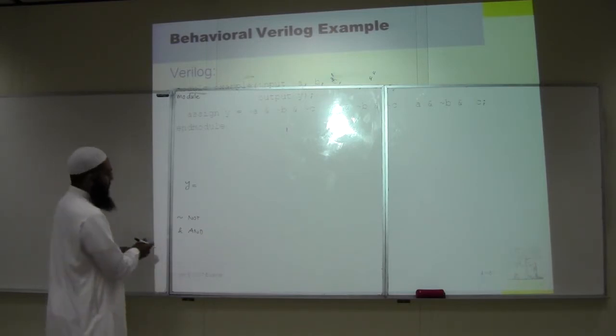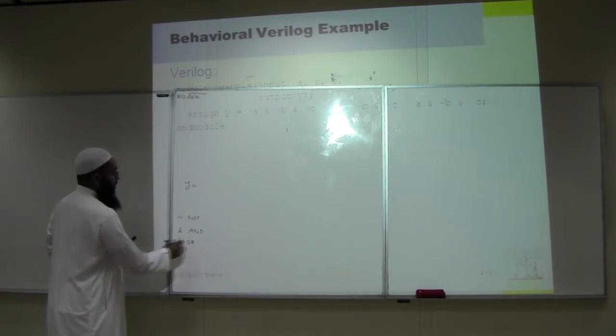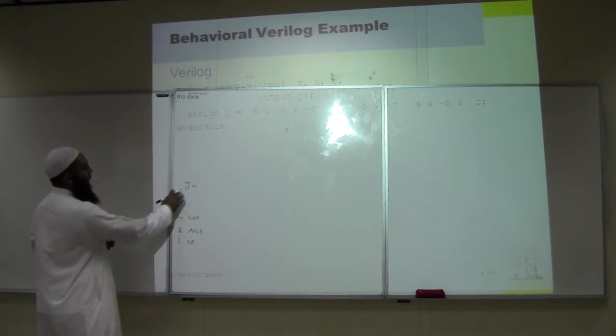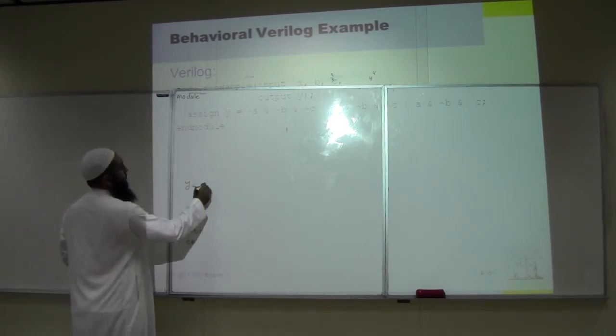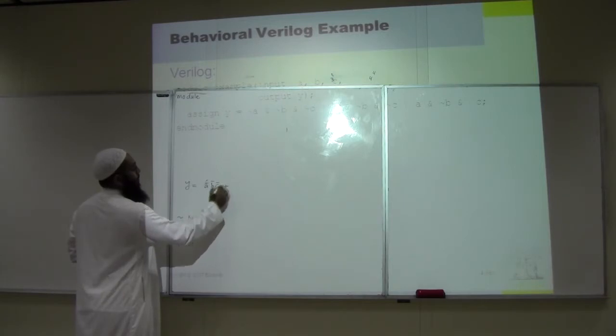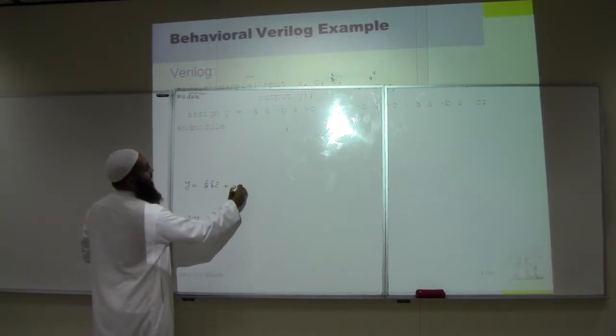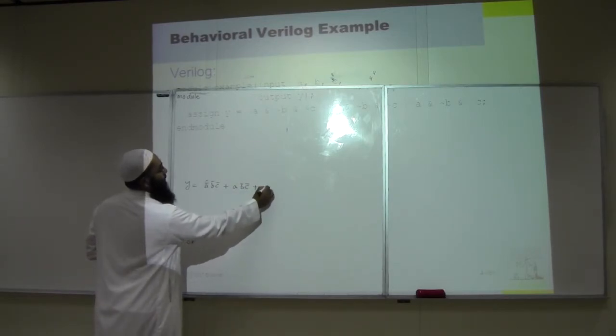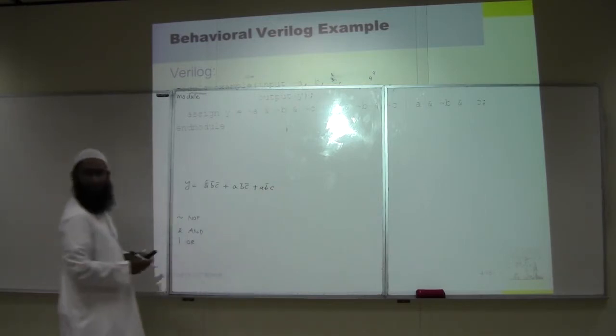This one means or. There are others we will see. So y equals A bar, B bar, C bar, or A, B bar, C bar, or A, B bar, C.